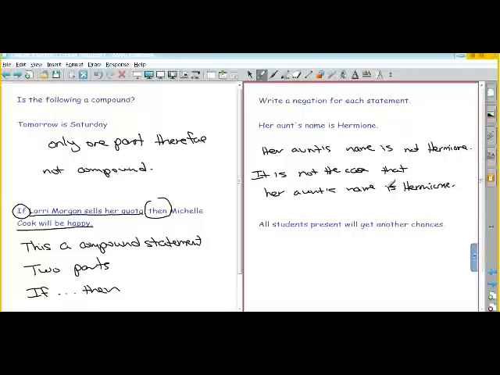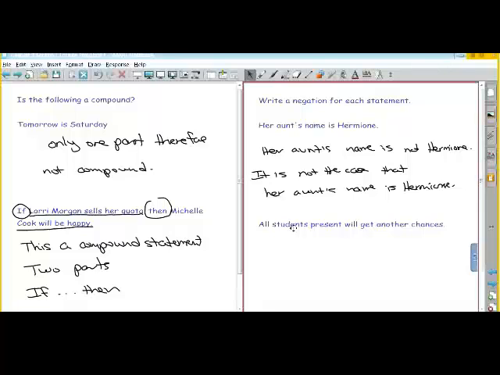The second case is one where you can't just put a not or a no without really thinking about what the consequence is. We'll talk about this in just a second, but there are certain words, like all, where to take the negation of all is not a simple matter of putting a no or a not. What a lot of people will do is say, what's the opposite of all?